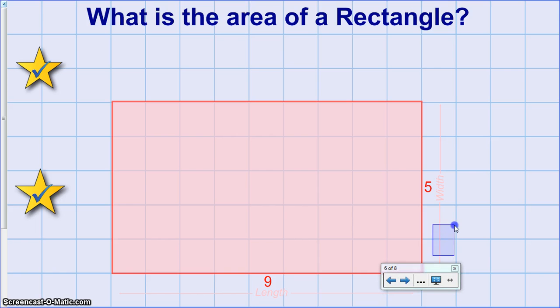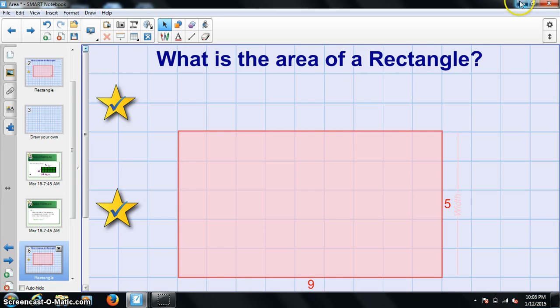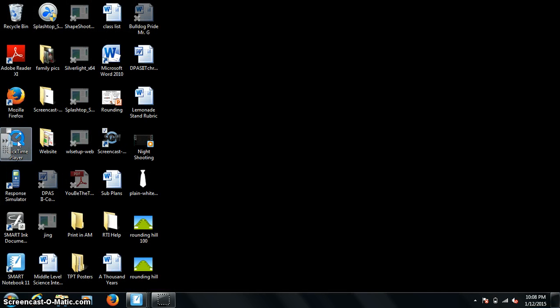So we go back to that original one I talked about where I counted all the squares inside here. And again, I could count all the squares, or like I said, we can use our, and I apologize, my toolbar keeps disappearing on me.